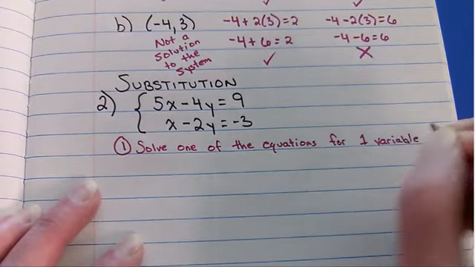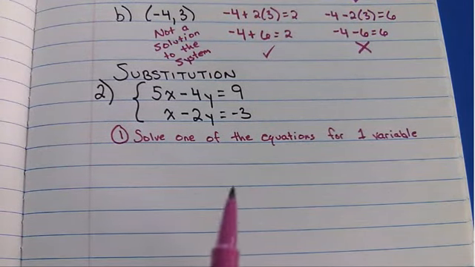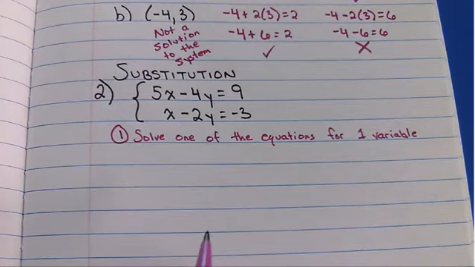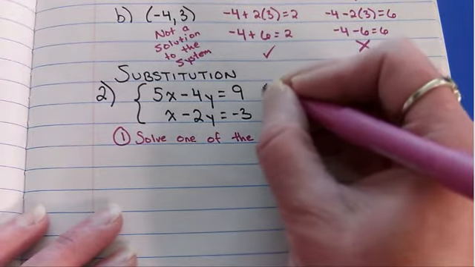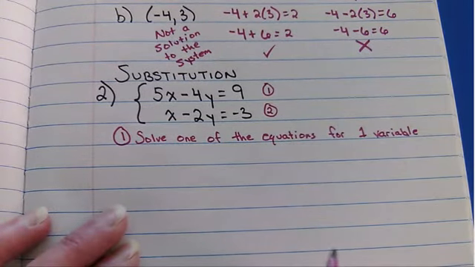So I need to look back and see which equation is going to be the easiest to rearrange so that I have y equals blah, blah, blah, or x equals blah, blah, blah. And to help us out, I'm going to number my equations. This is equation 1, this is equation 2. Which equation is going to be the easier one to work with?